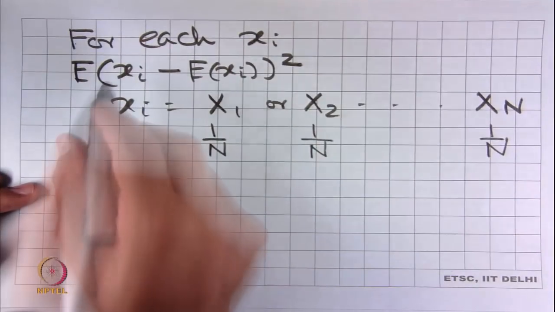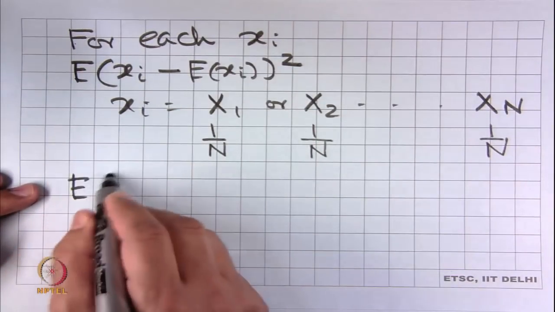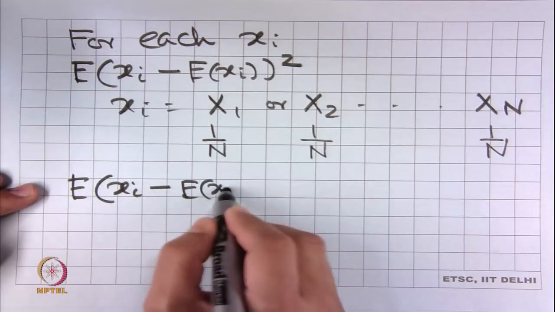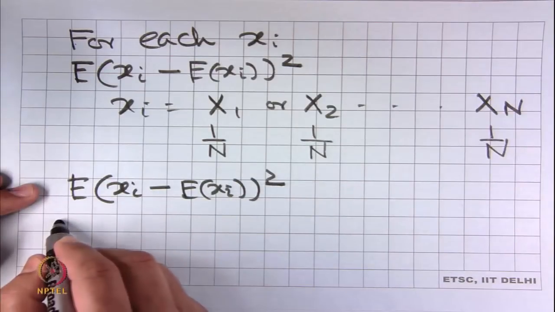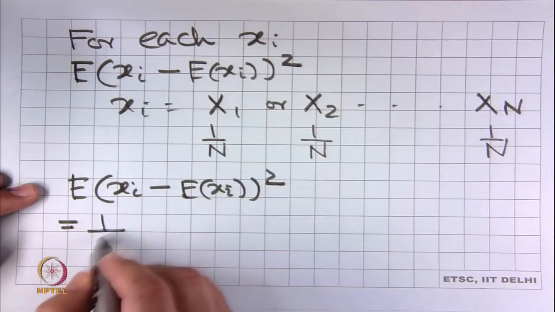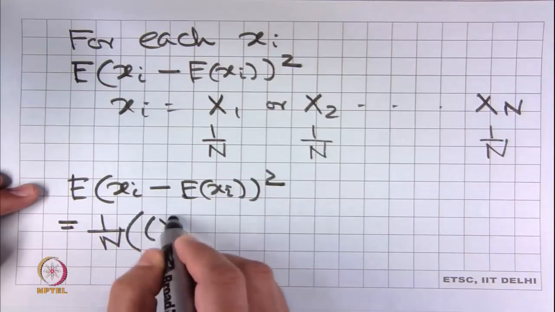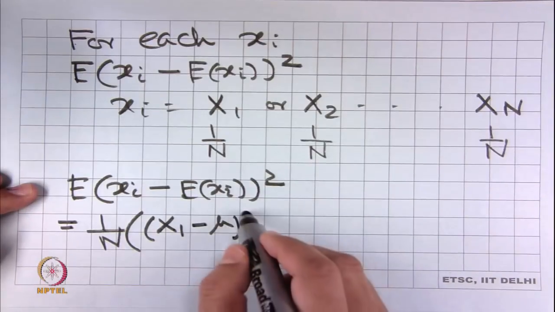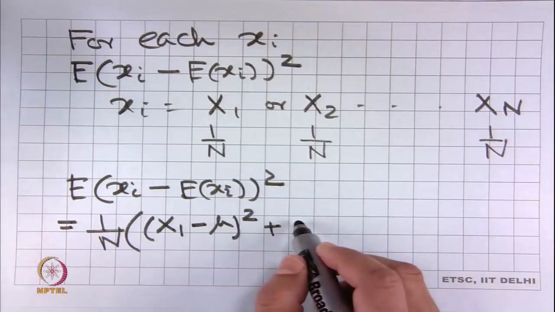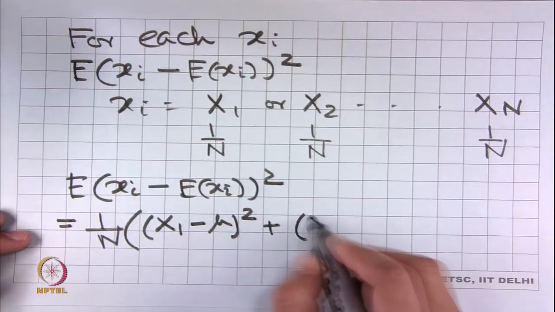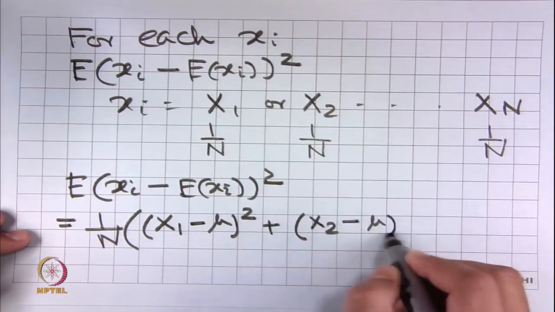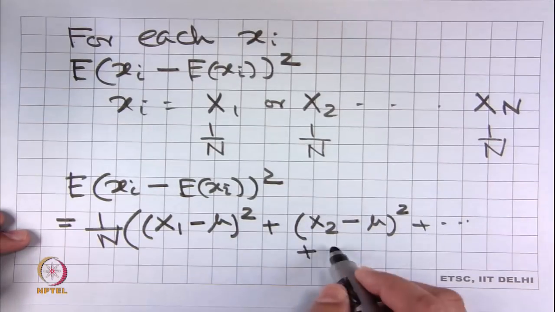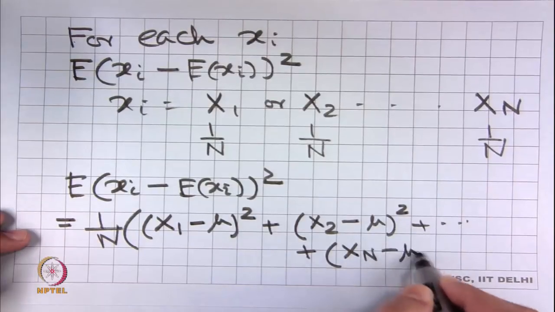Therefore, the expected value of x i minus expected value of x i whole square is equal to 1 by n into x 1 minus mu whole square plus x 2 minus mu whole square plus x n minus mu whole square.